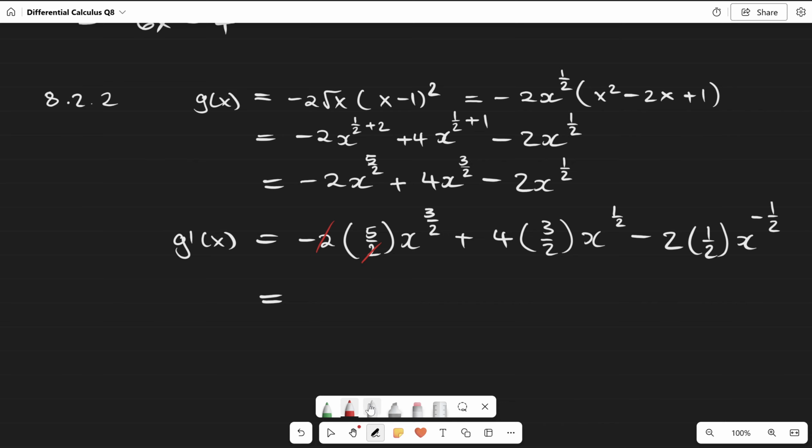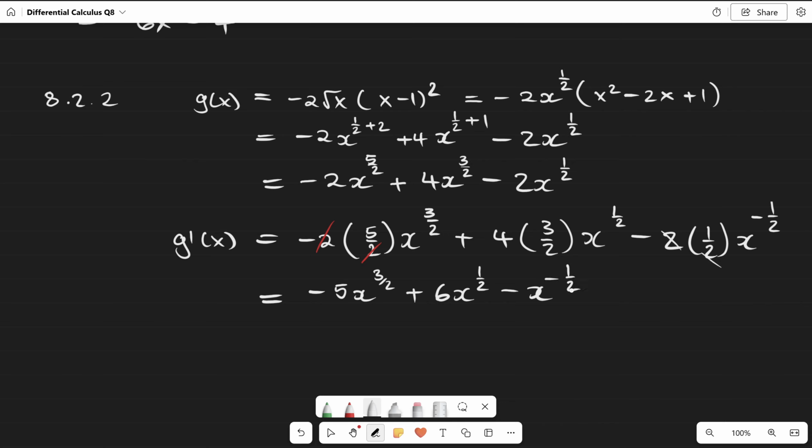We are just left with negative 5 x to the 3/2, plus 4 divided by 2, that's 2, 2 times 3, that's 6, so this is 6 x to the 1/2, right? Then minus 2 and 1/2 cancel, so we are just left with 1, so that is x to the negative 1/2, right?